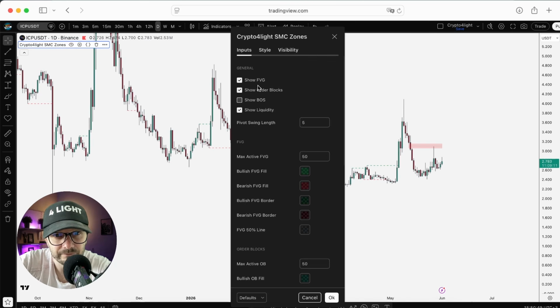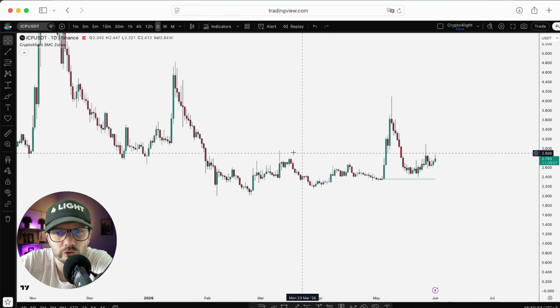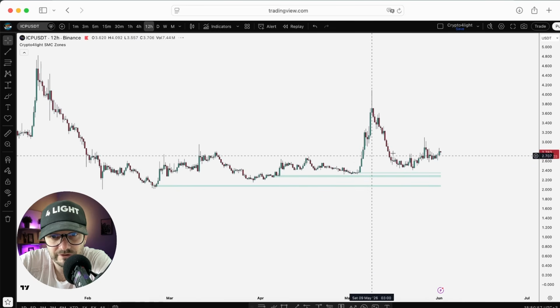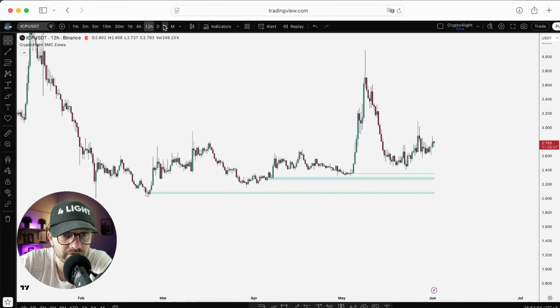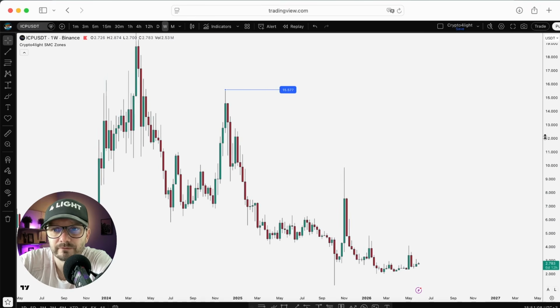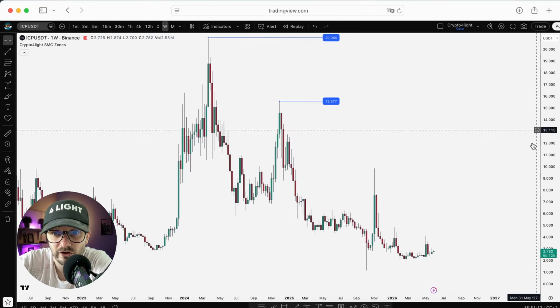Let's turn on the break of structure, the order blocks and the liquidity pools. On the 12 hour time frame, here are the order blocks we can retest: 2.25 and 2.07. On the weekly time frame, there is no data, maybe just above these order blocks, but it's too early to talk about it.